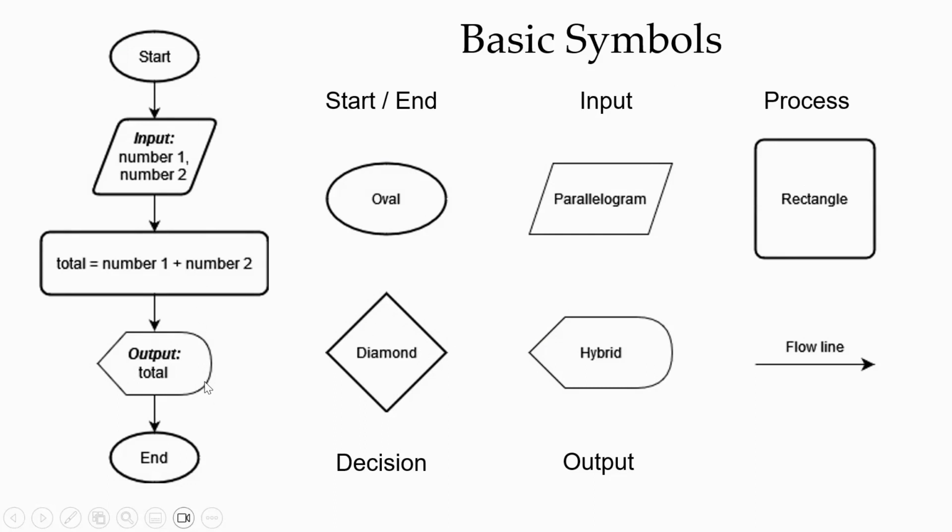We're going to learn that later on, no worries about that. And also a hybrid shape, which indicates the output. And of course, we also have the flow line, which represents how one process or one input flows from one to another.